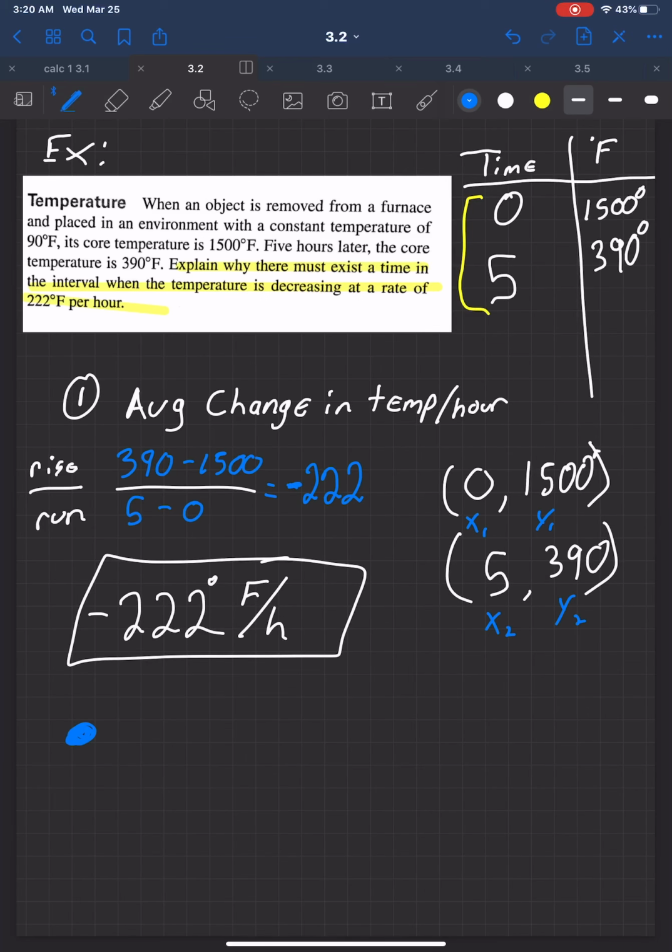At this stage, you would say something like, by the mean value theorem, there exists a time, we'll call it t, over 0 to 5.